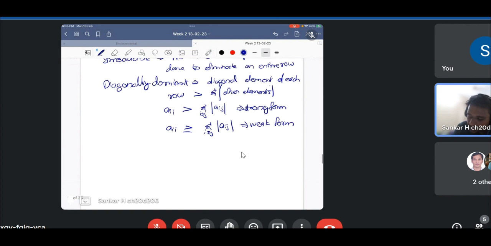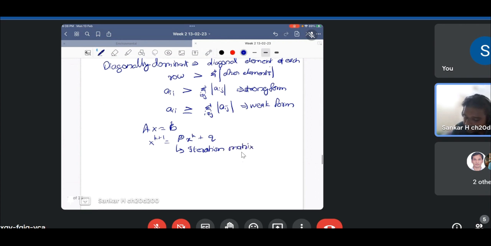So basically, what you are doing is solving Ax equal to b, and we are finding x(k+1) as, let's say, P x(k) plus q. We call P the iteration matrix.